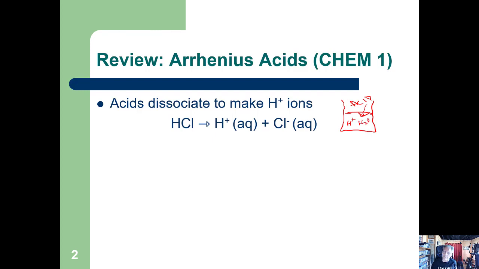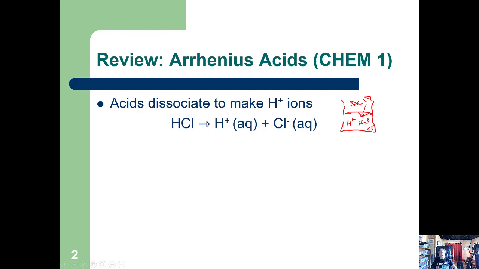I'm going to talk about the chemical reaction that happens between hydrogen ion and H2O, forming the hydronium ion. There'll also be some sort of an anion depending on the acid that you put in solution.